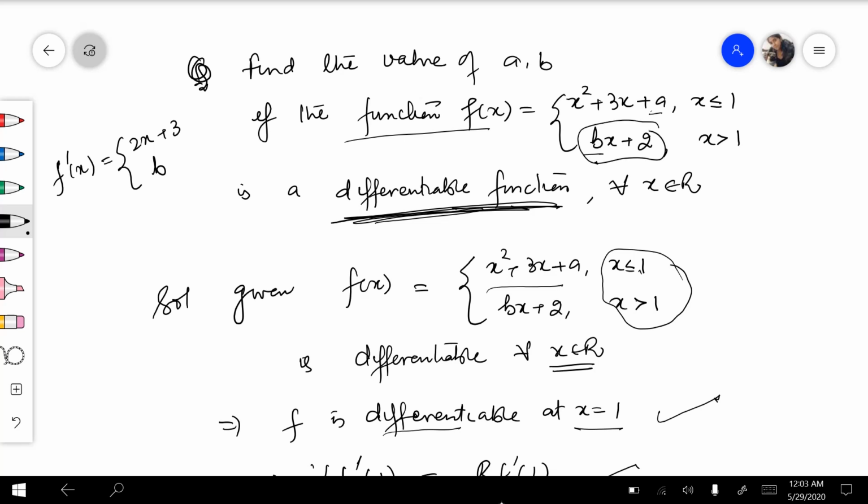This is differentiable at 1, that means left hand derivative at 1 is equal to right hand derivative at 1, which gives you b is equal to 2 into 1 plus 3 is equal to 5.